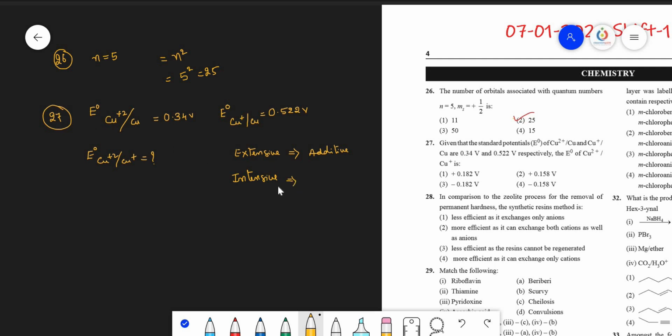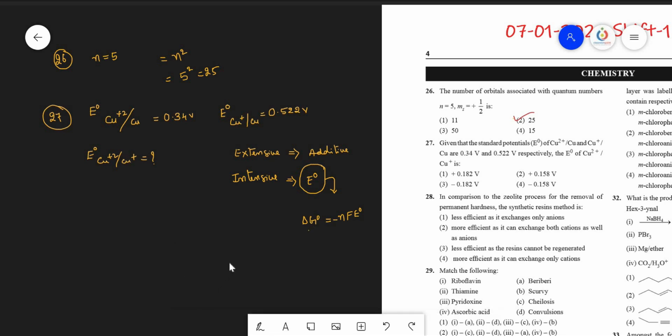E0 values are intensive properties, so we cannot directly add or subtract them. But E0 values are connected to the delta G0 value. Delta G0 equals minus nF E0. So they are correlated to delta G0, and delta G0 is an extensive property which can be added and subtracted.